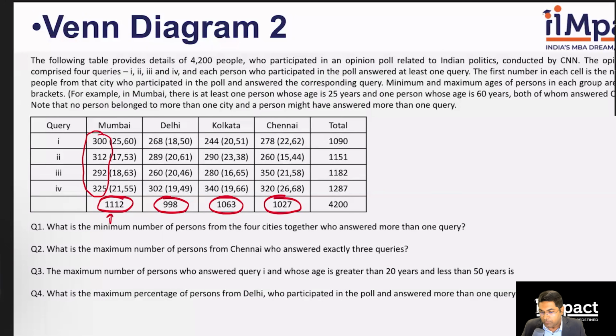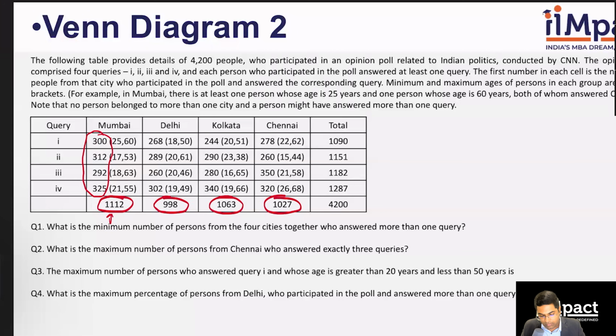And when I subtract those two sums that I get, that is when I head towards calculating the number of people who have answered more than one query. Do you agree? So I need to first get the sum and subtract and then see what I need to do out of it. Yes, that's the first step.